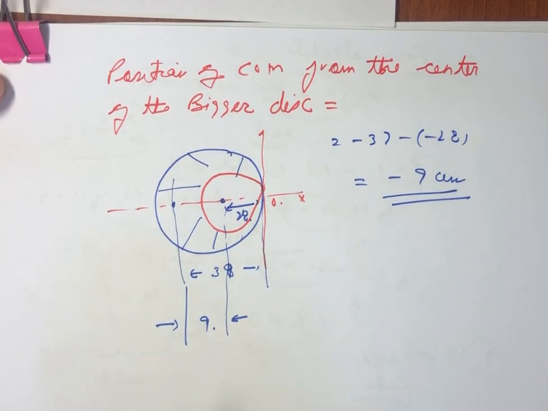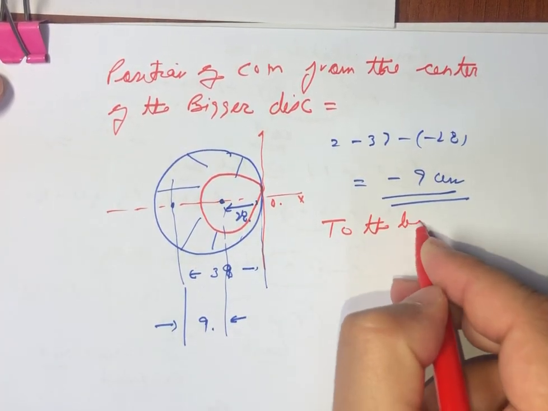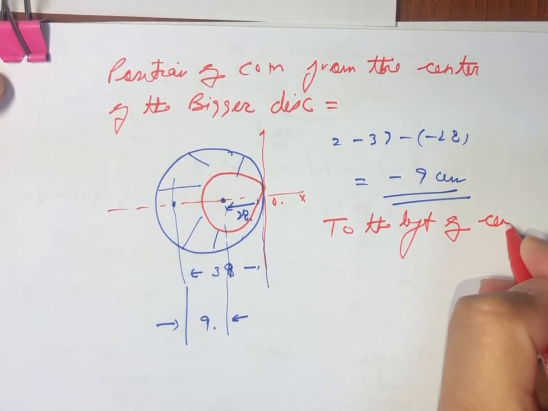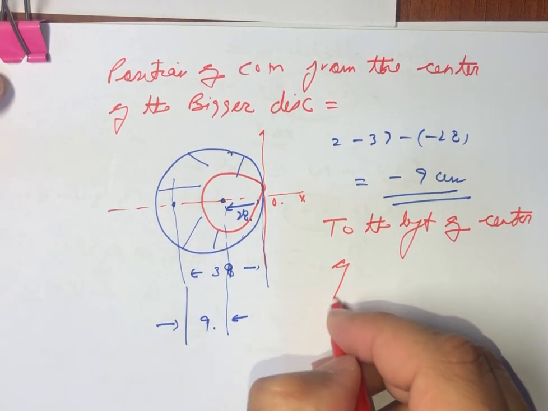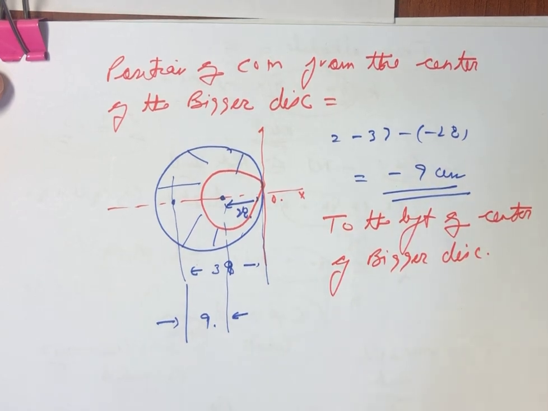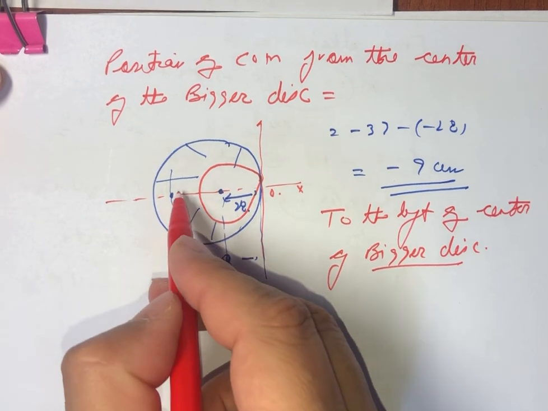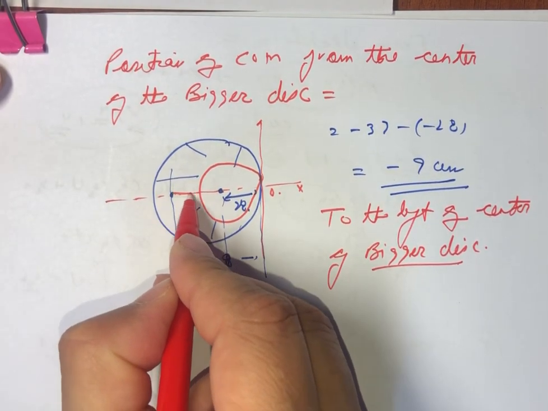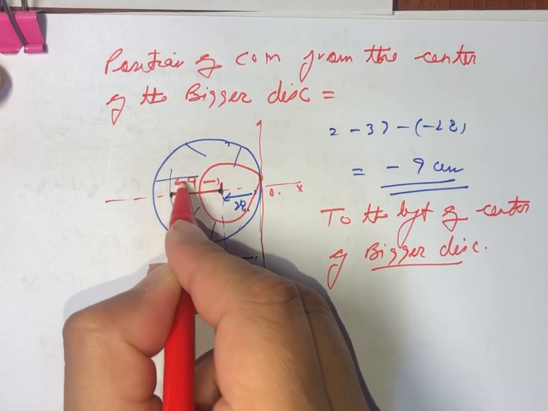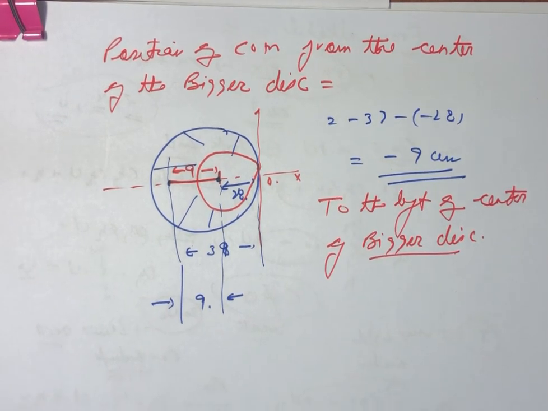So therefore we can say it will be to the left of the center of the bigger disk. So this will be the new center of mass, and the distance of this point is 9. So this completes the question. Thank you.